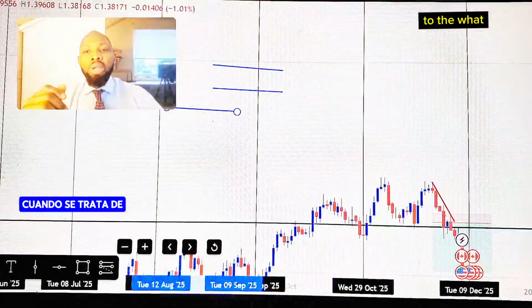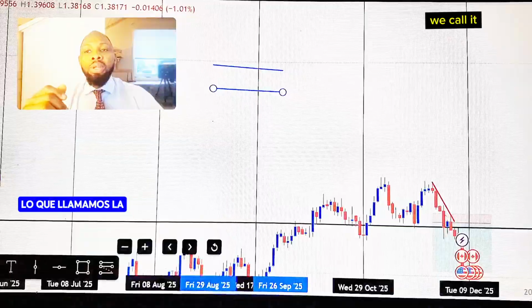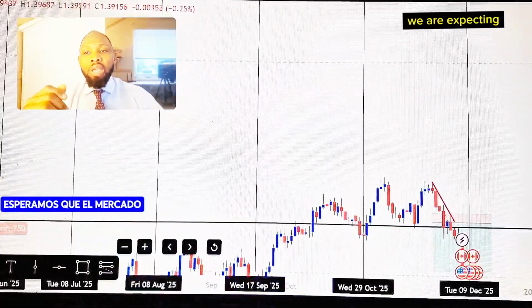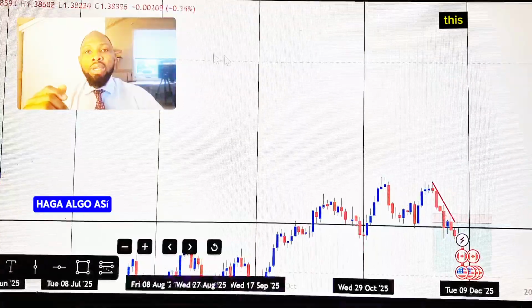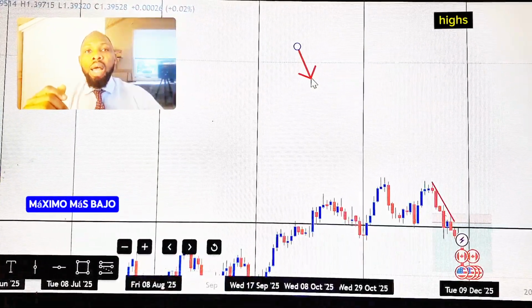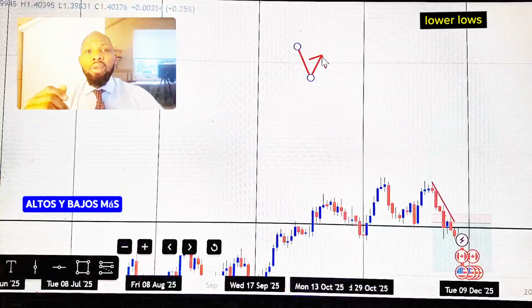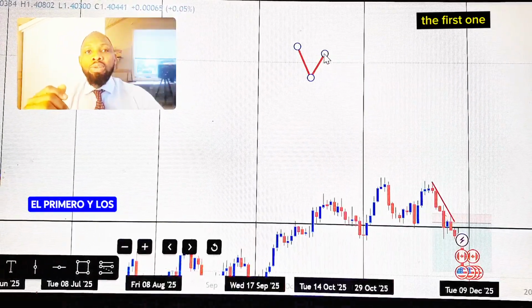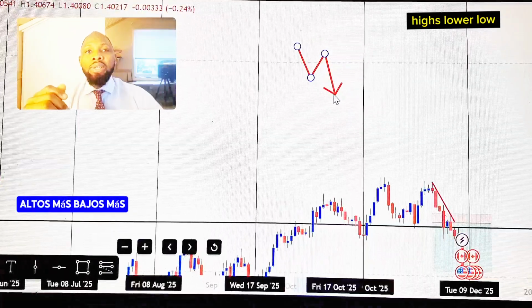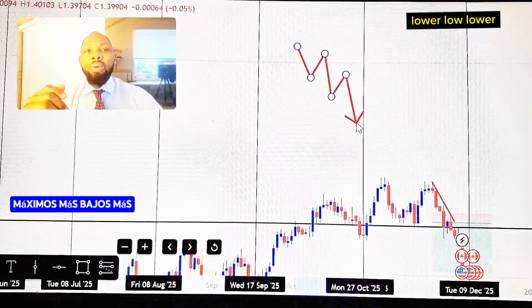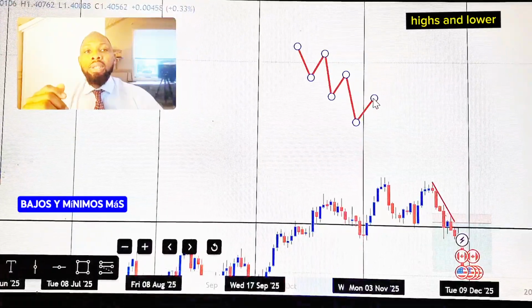When it comes to the downtrend, when the market is going down, we expect the market to do something like this to create lower highs and lower lows: lower lows, lower highs, lower lows, lower highs, and lower lows.